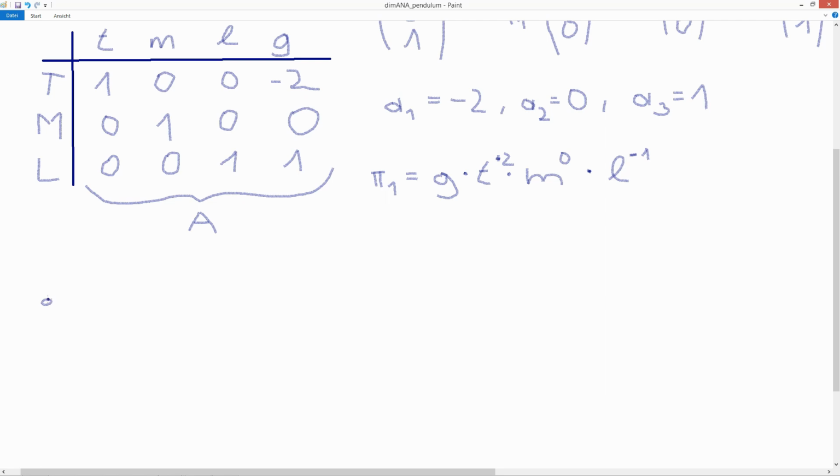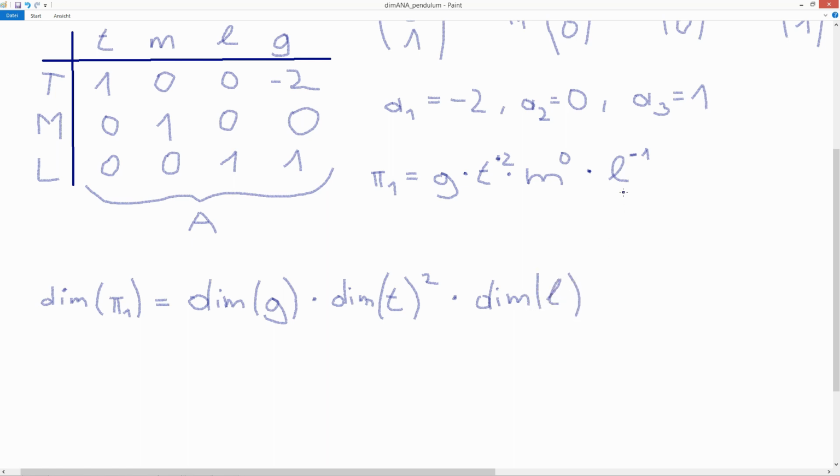So the dimension of pi1 is equal to the dimension of g times the dimension of t, small t, to the power of 2 times the dimension of L, small l, to the power of -1.